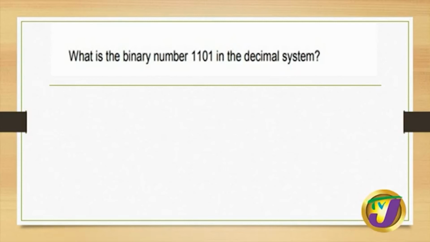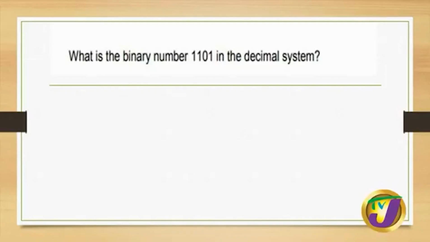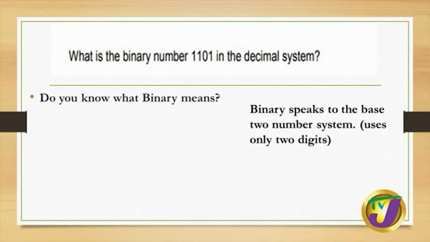What is the binary number 1101 in the decimal system? So we work in what we call the decimal system, where the value of each place is a power of 10. What is a binary system? Yes, if you said it is a number system, the binary speaks to a base 2 system, which uses only powers of 2.